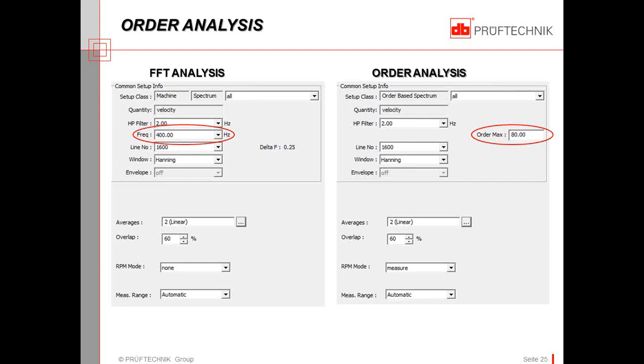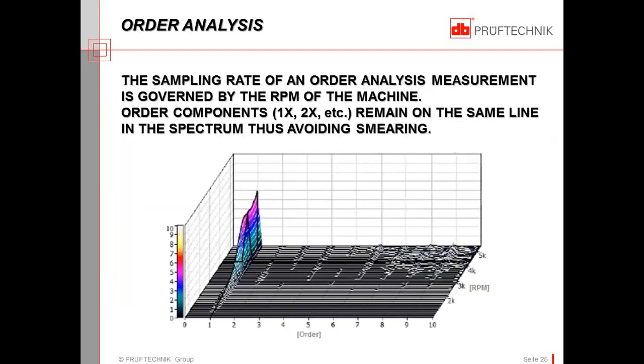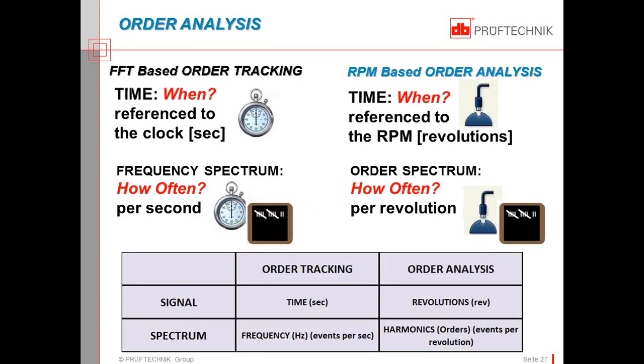So, the sampling rate of an order analysis measurement is governed by the RPM, and of course the components, as I've mentioned, 1x, 2x, 3x, always appear in the same line in the order spectrum. A quick summary here. If we look at FFT-based order tracking, when we talk about time, we're talking about clock time in seconds.